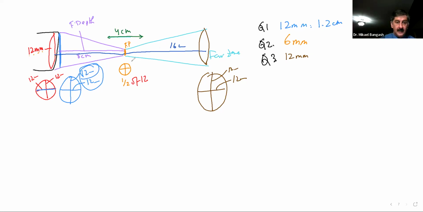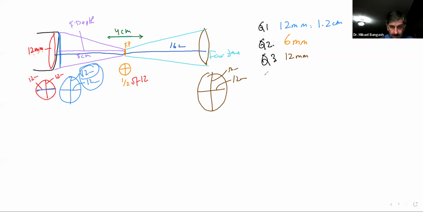For the remaining 8 centimeters, it is going to diverge back from a diameter of 6 millimeters back to 12 millimeters. Did that make any sense?